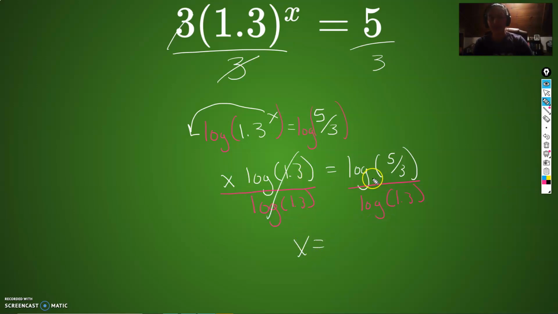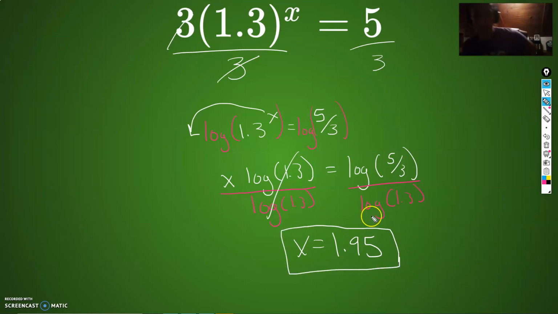So now we get x equals log of 5/3 divided by log of 1.3, and our calculator says it's approximately 1.95. Rounded. I'm using 2 decimal places just because I think it looks prettiest.